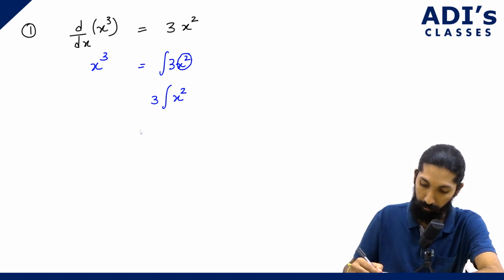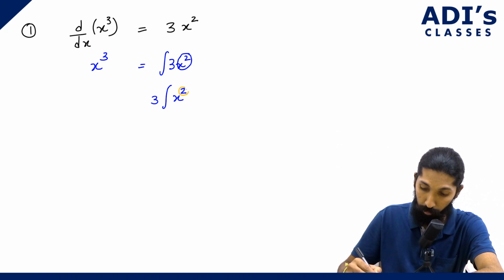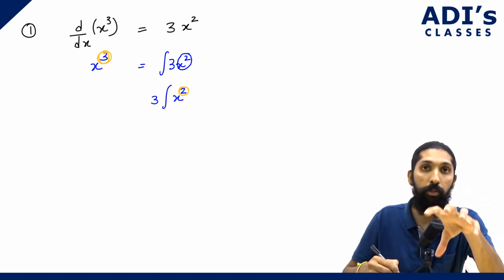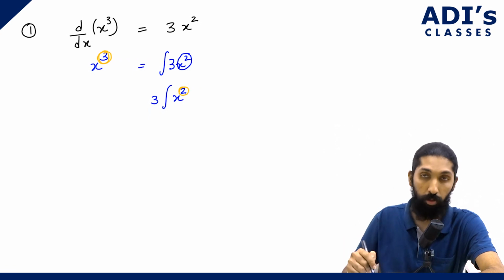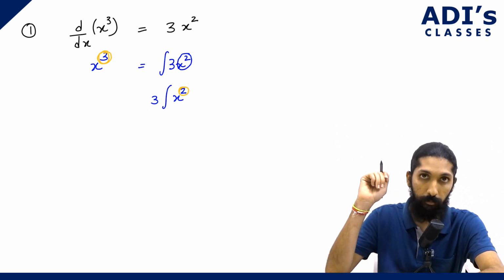When you integrate x square, it is converting into x cube, right? So the power of 2 is converting into the power of 3. That means whatever power you have, we add 1 to the power. If it was 2 on the integration sign, I'll get 3 afterwards, isn't it?